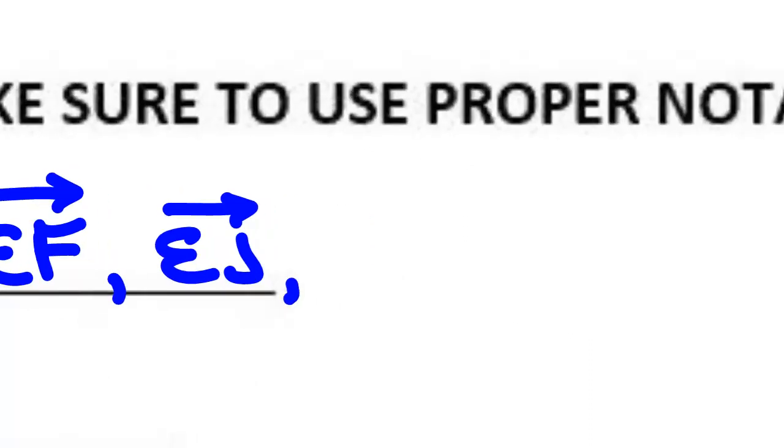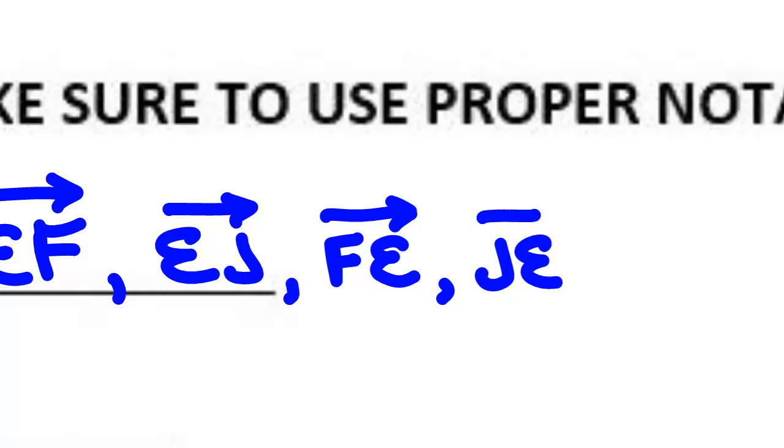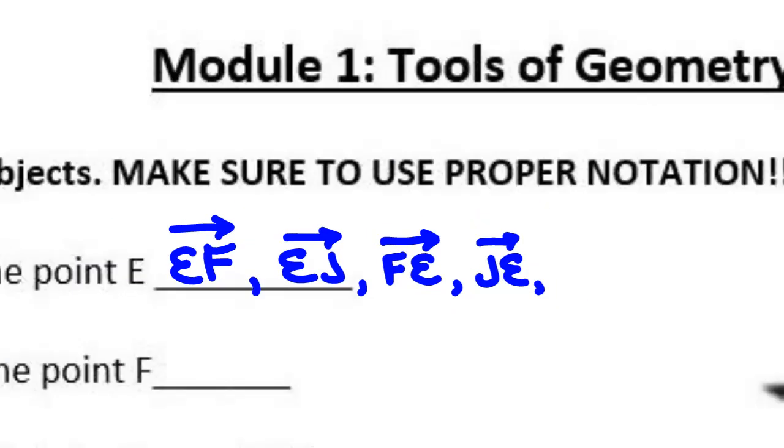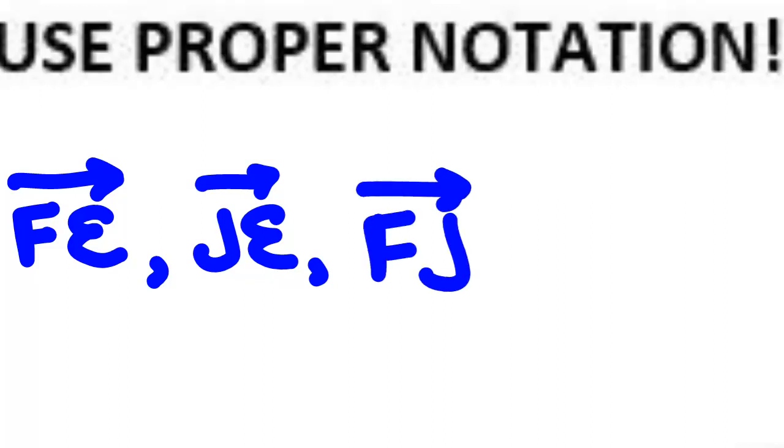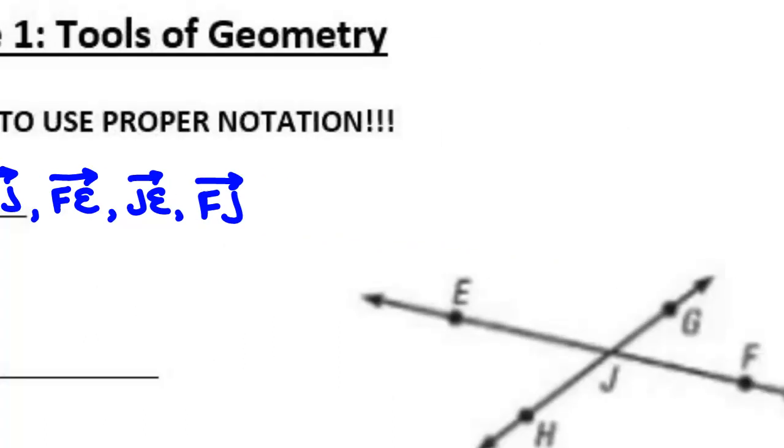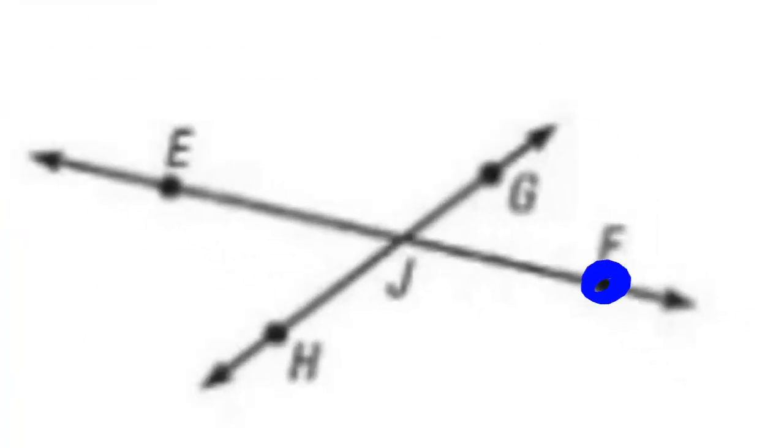I could do ray FE. I could do ray JE. And this last one, I could also do ray FJ. Ray FJ would have its endpoint right here at F.